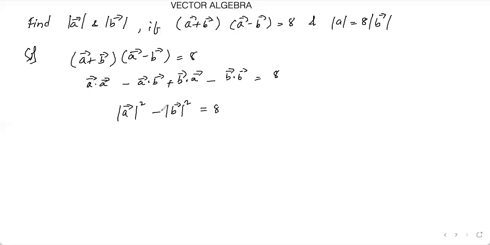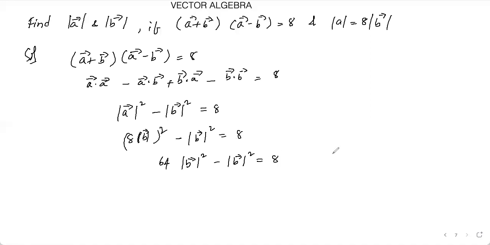Now mod A whole square we can write as 8 mod B whole square, which is 64 mod B whole square, minus mod B whole square, which is 8.